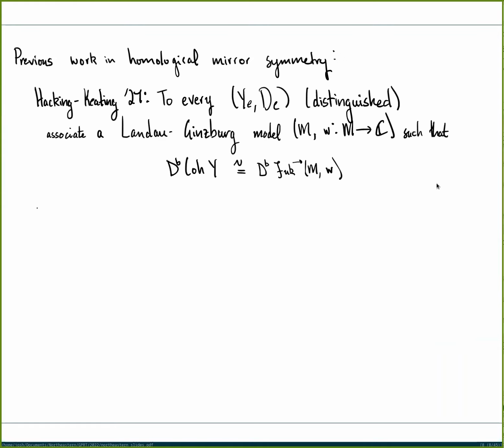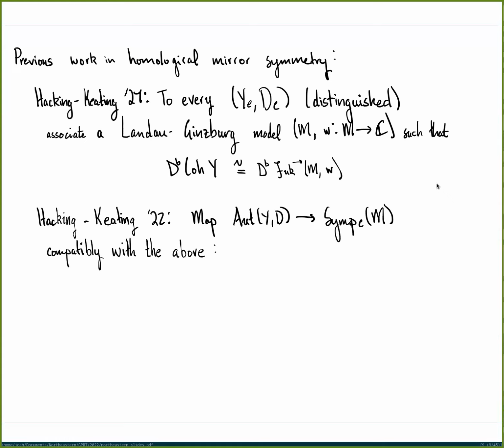They showed that to one of these log-Calabi-Yau pairs (Y, D), they can associate some symplectic space M. M here is a symplectic manifold with a superpotential W, just a holomorphic function W from M to C, such that the derived Fukaya-Seidel category of that Landau-Ginzburg model, on the right-hand side here, is quasi-isomorphic to the derived category of your original log-Calabi-Yau surface Y.